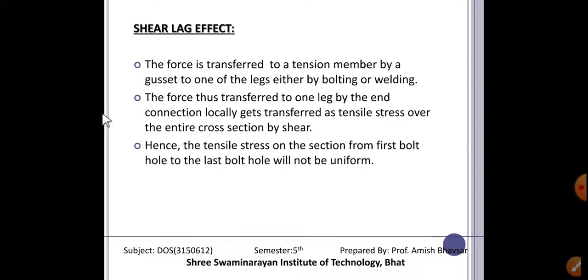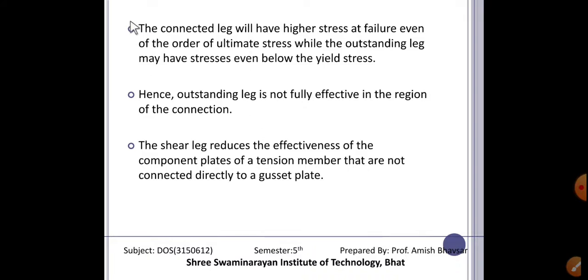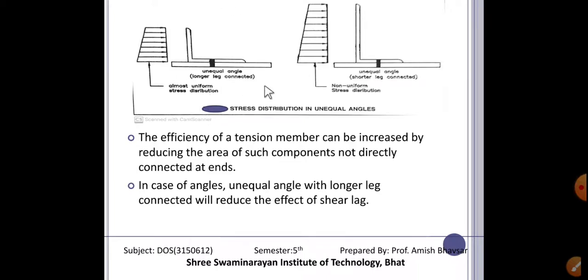That is called block shear failure, and it depends on the shear lag effect. The connected leg will have higher stress at failure, even of the order of the ultimate stress, while the outstanding leg may have stress even below the yield stress, as I discussed. Hence, the outstanding leg is not fully effective in the region of connection. The shear lag reduces the effectiveness of the component plate of tension members that are not connected directly to the gusset plate.